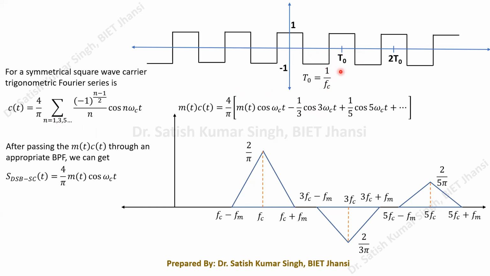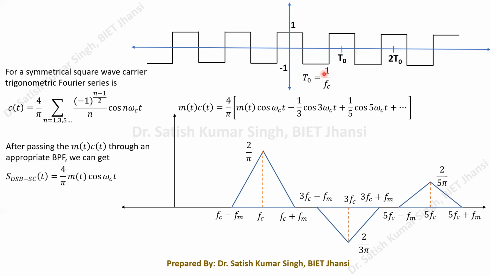If we have other frequency components, whether an even multiple or odd multiple, those other frequency components are called the harmonics. The first basic frequency component is our fundamental frequency component, for example fc.